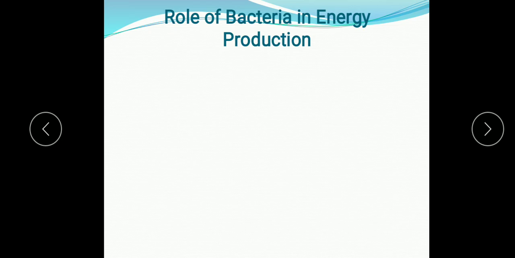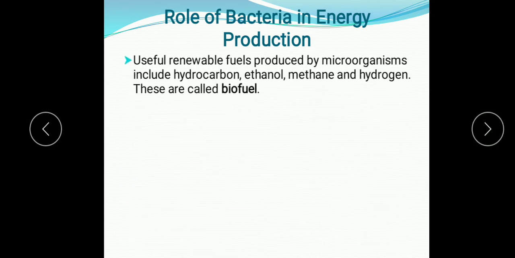Now the role of bacteria in energy production. We know that microbes have a natural ability to digest organic material efficiently. Now researchers are exploiting these natural processes to maximize energy output from the breakdown of organic waste.